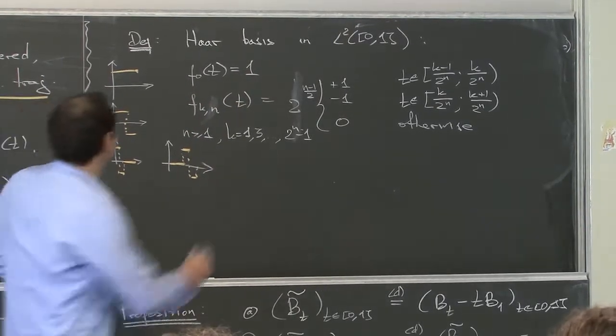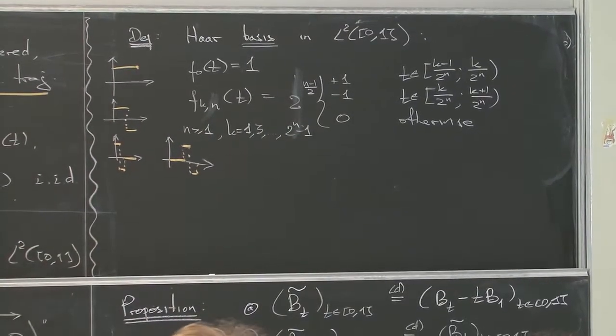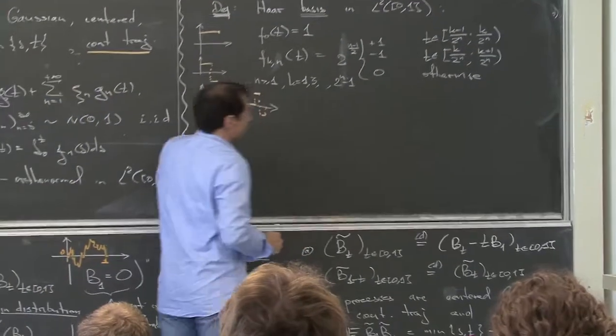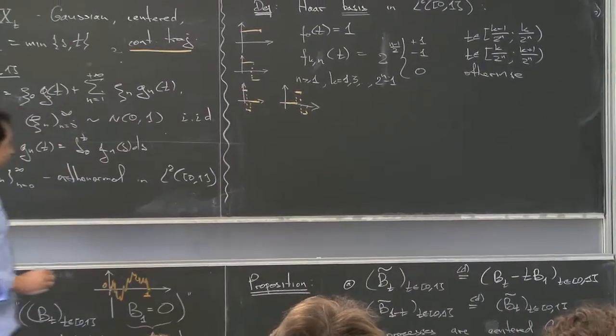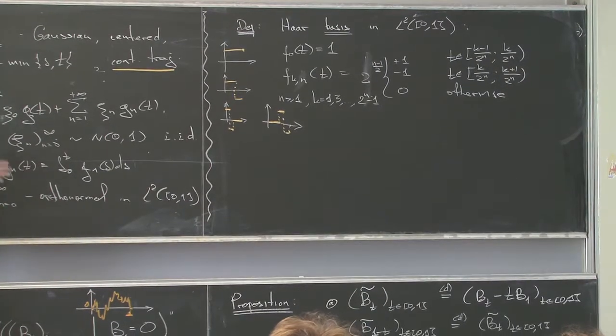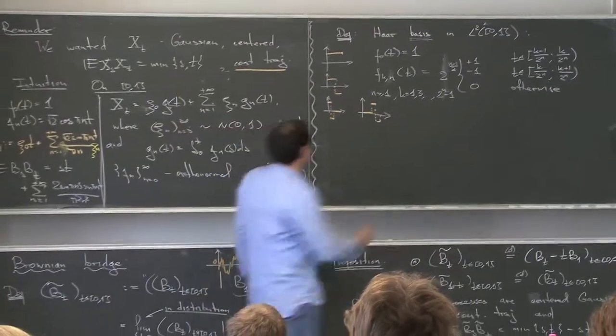So in this basis, there is some teeny piece of information. Okay, good. And then this is the basis. And what I'm going to do is repeat this construction in this basis.